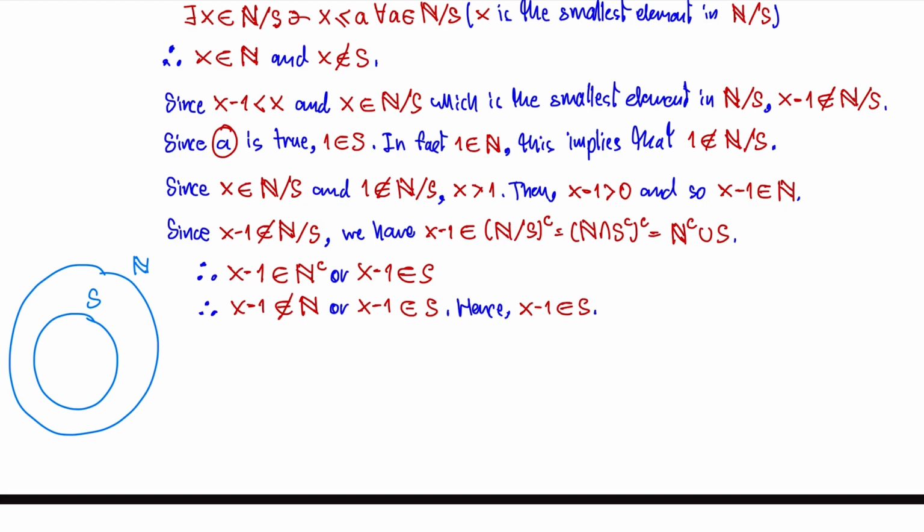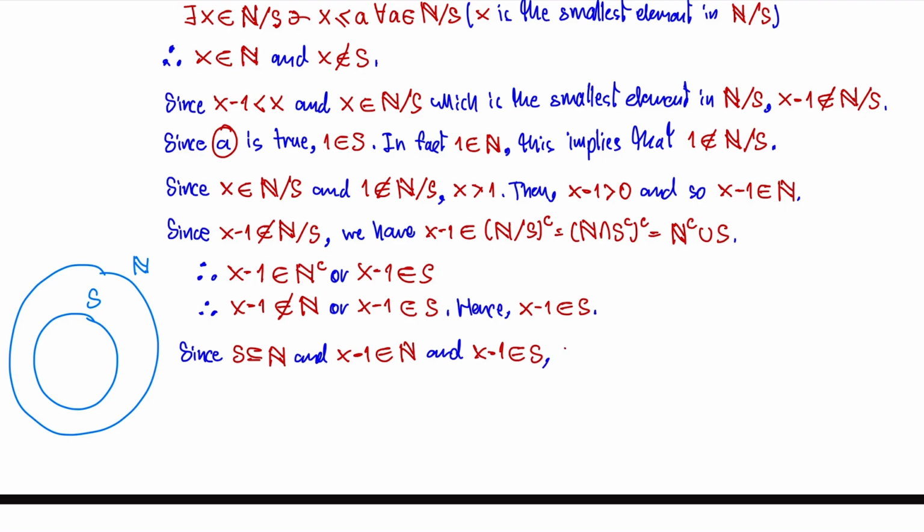And since X minus 1 is a positive integer and X minus 1 is in set S, what does it mean by this? So we know that S is a subset of the natural numbers, and X minus 1 is a positive integer, and X minus 1 is in set S. So what does it imply?